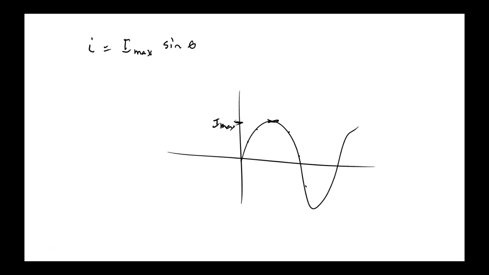It just shows as the angle is going up. When it starts at 0, your current is 0. When it starts going up, the current is going up. When it reaches 90 degrees, you're at the top. When you go around and start down the back side, it's still positive, but now decreasing. When it reaches 180 degrees, it's 0 again. But now when it keeps turning, it goes negative, and that's represented by this. Now this is not a very pretty looking sine curve.